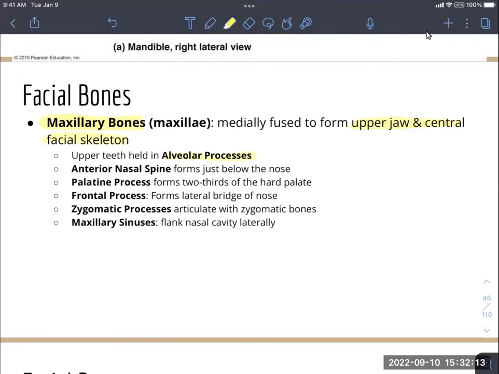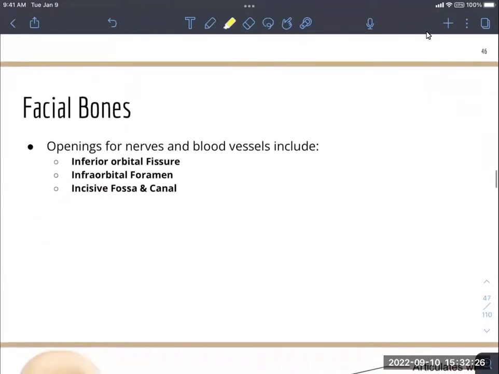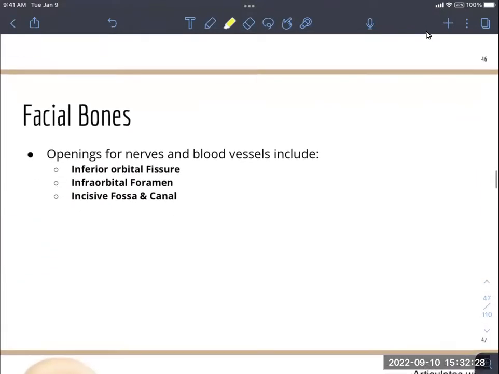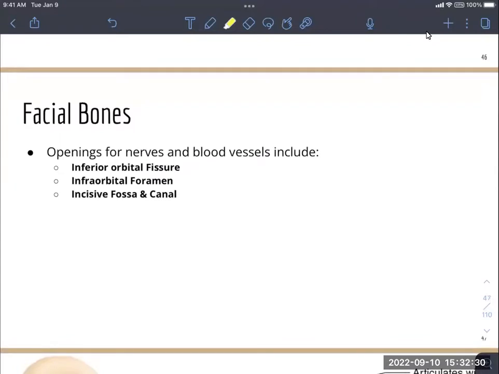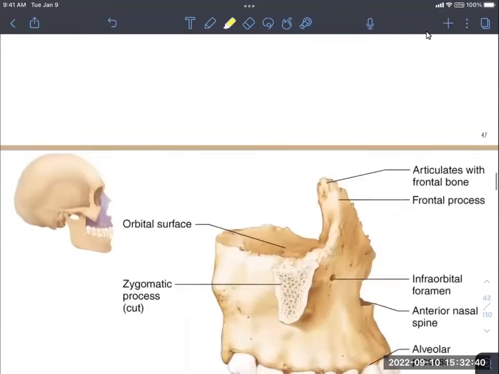We have an anterior nasal spine, palatine process, frontal process, zygomatic processes, and maxillary sinuses. We have an inferior orbital fissure in those maxillary bones, an infraorbital foramen, an incisive fossa, and canal.